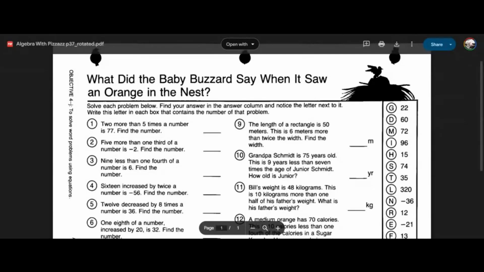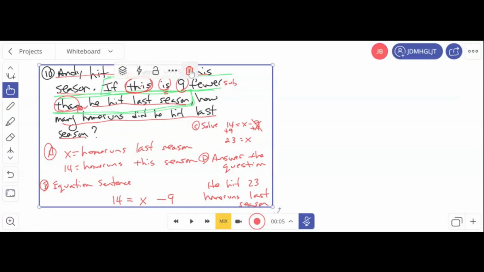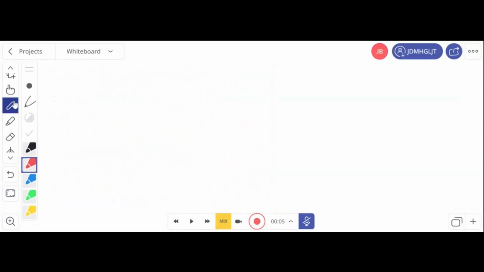Alright, so I'm going to write the problems out so you do not have to print this if you don't want to. There's not enough room to work the problems out on the sheet, so I'm going to need to do them on the whiteboard. So this is Algebra with Pizzazz, page, what page number is this? 37.